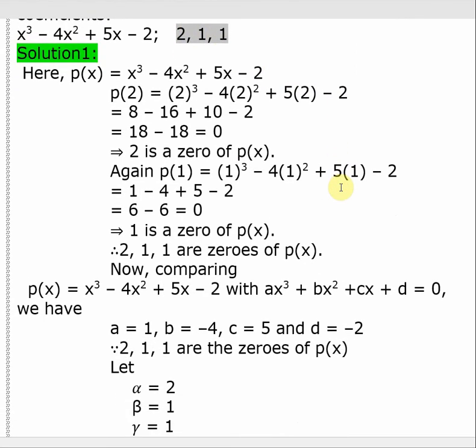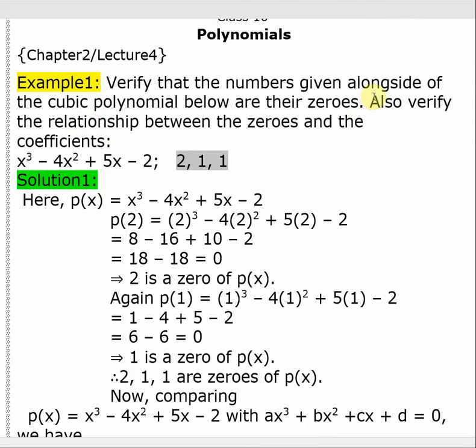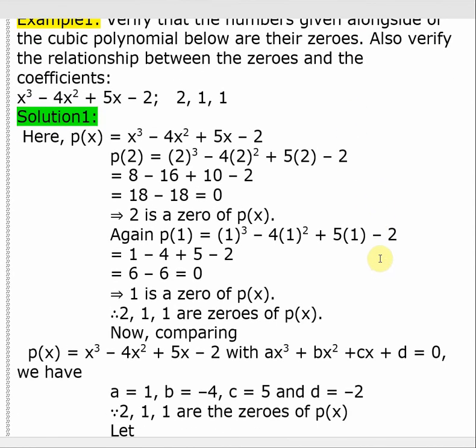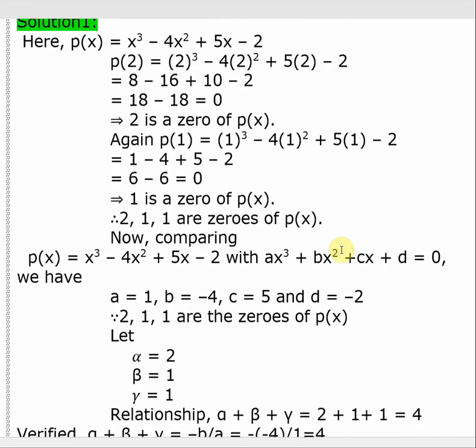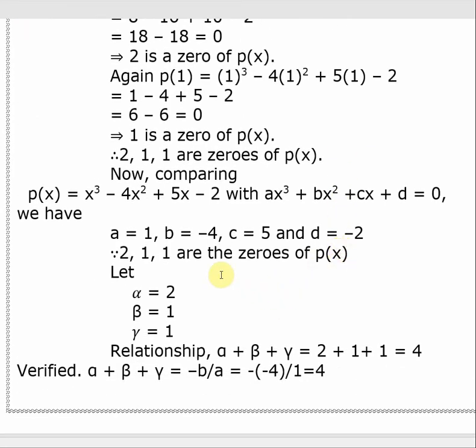This is verified. The next part of this sum says to also verify the relationship of the zeros with the coefficients. Now verify that the coefficients are related with the zeros by alpha, beta, gamma. We know the relationship: alpha plus beta plus gamma equals minus b by a.